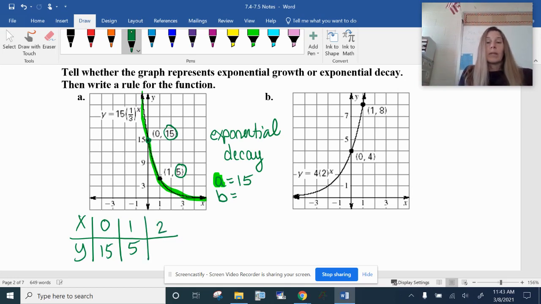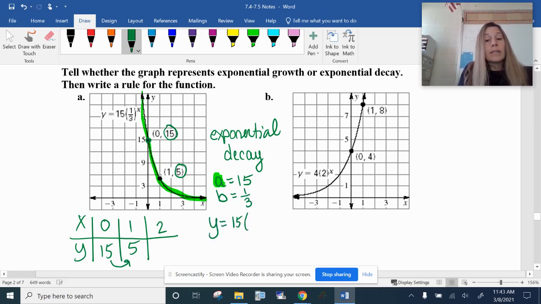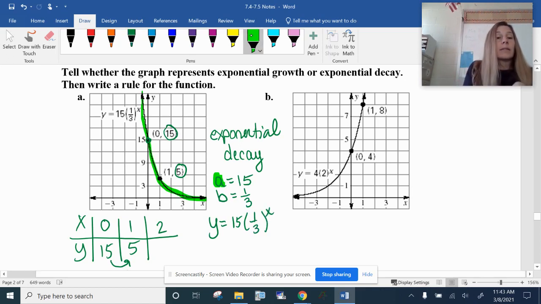So if you had another point, it would be like 2 and something. What is that change? 15 divided by 3. Well, yeah, but we have to write it as a multiple, so it would be 1/3. So then we know that the rule for this would be 15 times 1/3 raised to x, and that's this equation that you see here. So that's where that comes from.